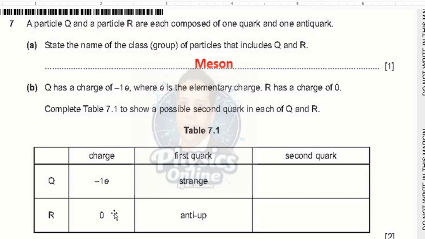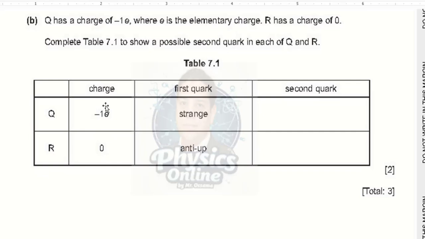Q has a charge of -1, in units of the elementary charge, whereas R has a charge of 0. Complete table 7.1 to show a possible second quark in each of Q and R. For the particle Q, the charge is -1. One of the quarks is strange. We need another quark, which is an antiquark, to complete the charge to become -1.